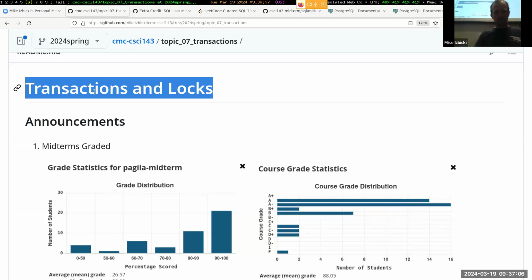And it looks like Firefox here has decided to freeze on me for some reason. Probably that's because of Zoom. That'll probably fix itself here in a second.